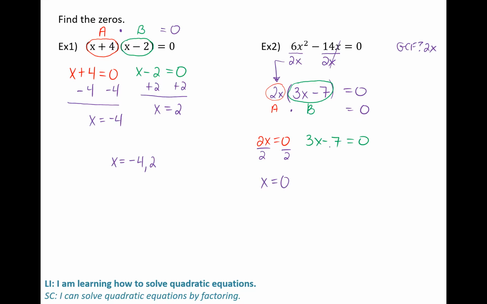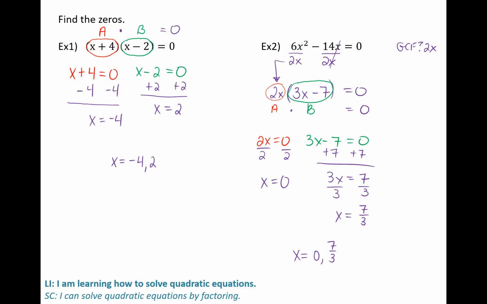For the green equation, the second one here, I would add 7 to both sides, and that would give me 3x equals 7. And then divide both sides by 3, and I get a yucky fraction. I can't divide 7 by 3 evenly, so I'm going to just leave it as this improper fraction. But remember, we're going to group our answers together, so I'm going to say 0, 7 over 3. That's the list of possible answers for x.